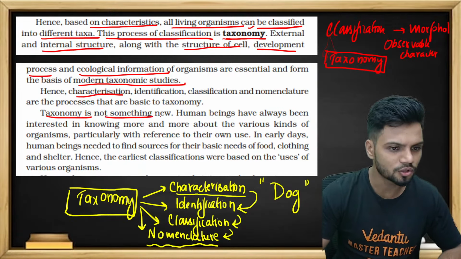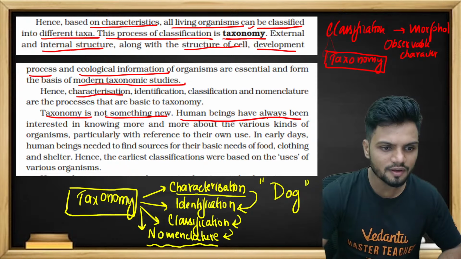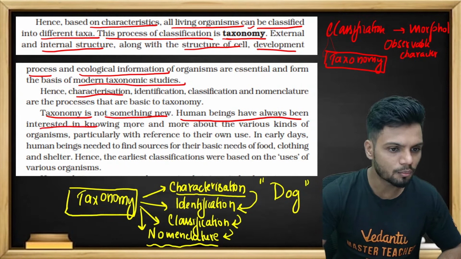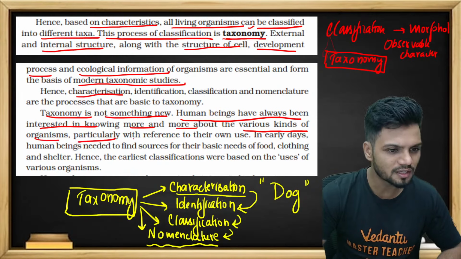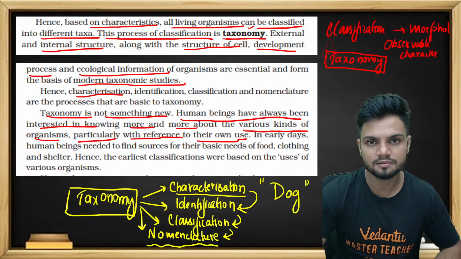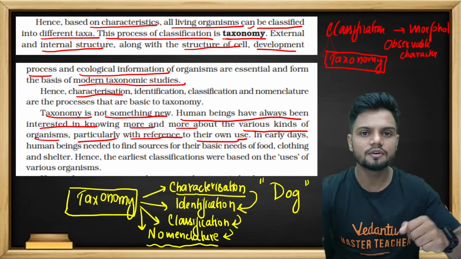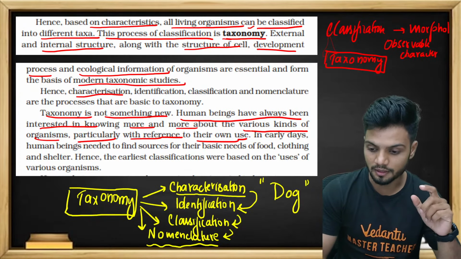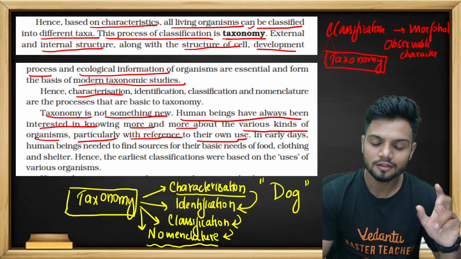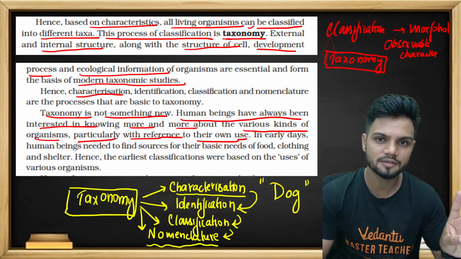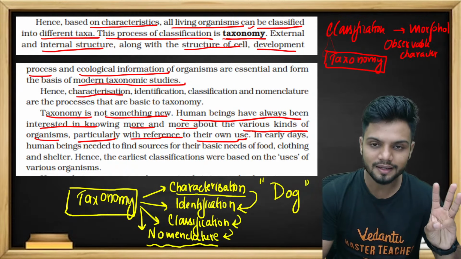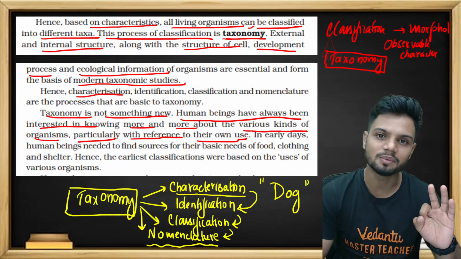Taxonomy is not something new. Human beings have always been interested in knowing more and more about the various kinds of organisms, particularly with reference to their own use. Obviously, if you can use something, you have to name it. For example, back in the days, the basic taxonomy for plants was three types. If you can eat a plant, it is edible.